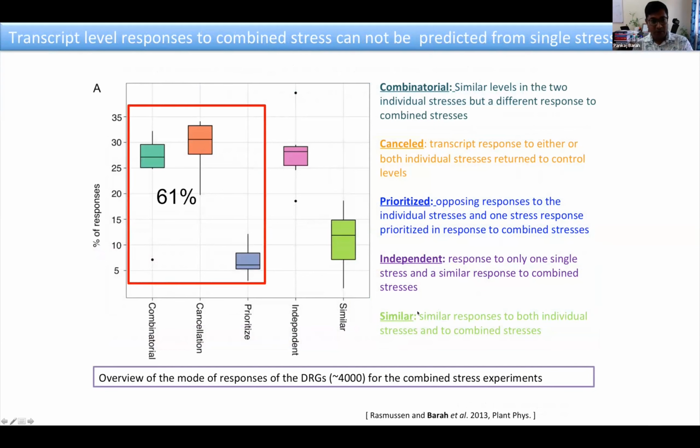We found that combinatorial, cancel, and prioritize are the categories of transcripts for which the expression signature could not be predicted just by looking at the expression signature of the single stress conditions. Hence, we have said that the transcript level response signature in plants to a combination of stresses cannot be predicted just by looking at the expression signature of the single stress conditions.